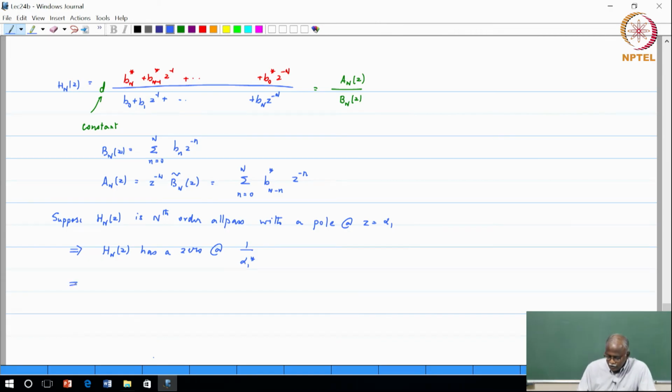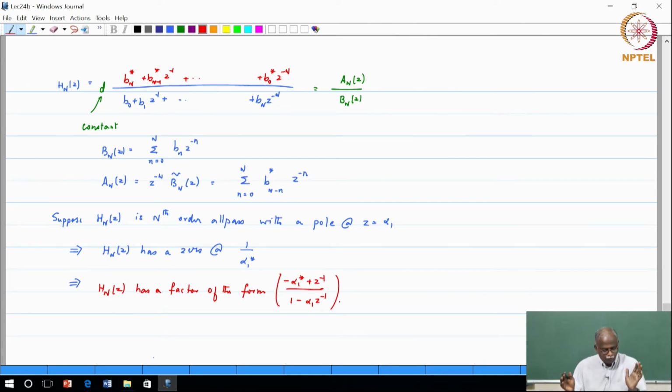This can be combined to make the following statement: if I pull out this particular pole and this particular zero, then Hn of z has a factor of the form 1 minus alpha 1 z inverse, that is the pole, minus alpha 1 conjugate plus z inverse, that is the zero. There is a factor of this type.